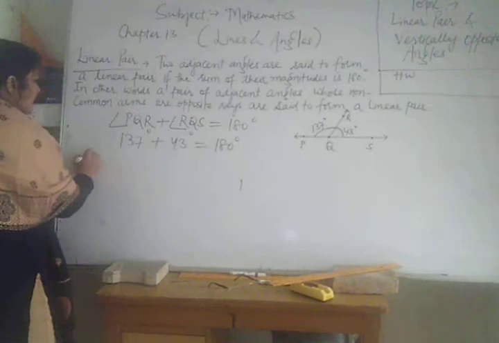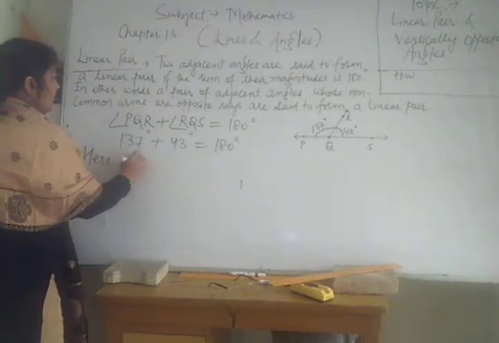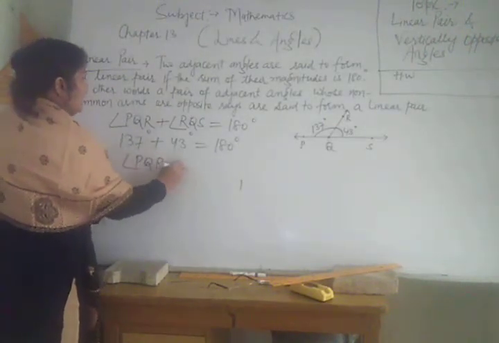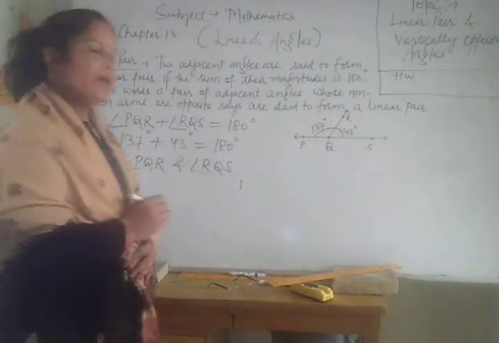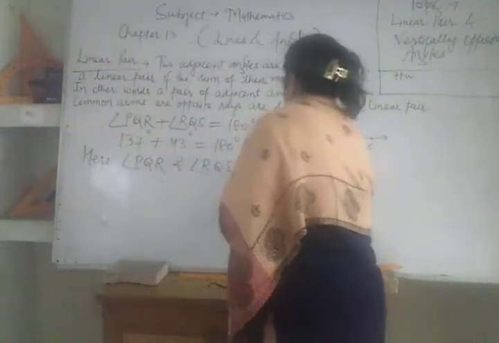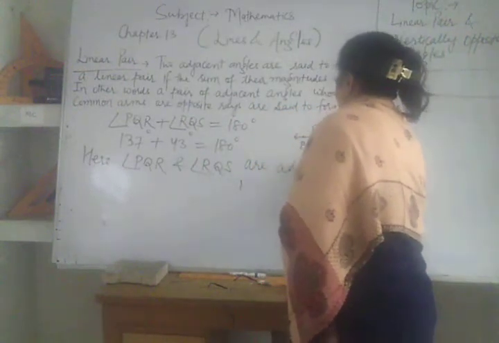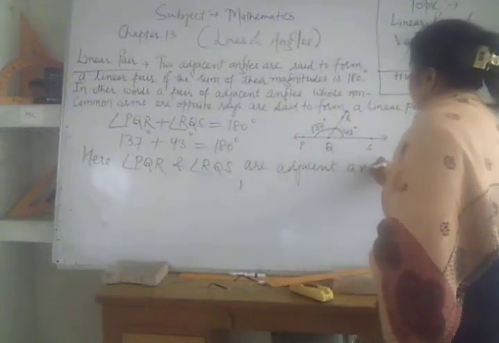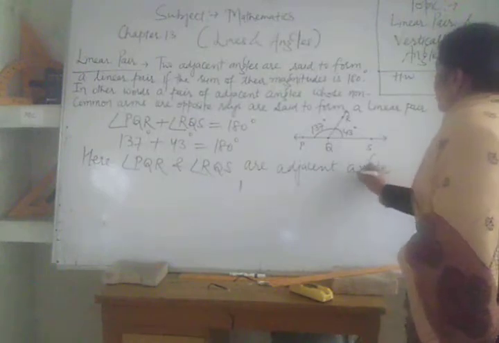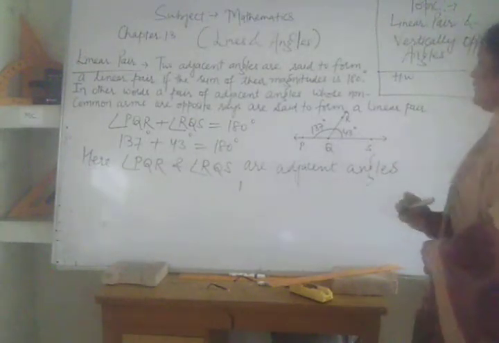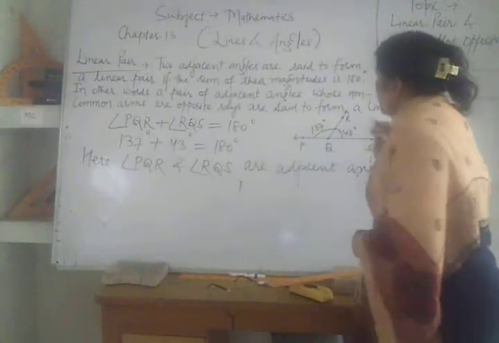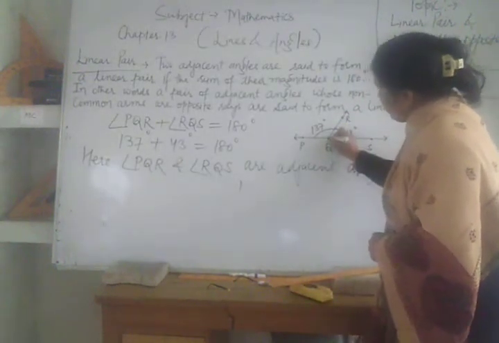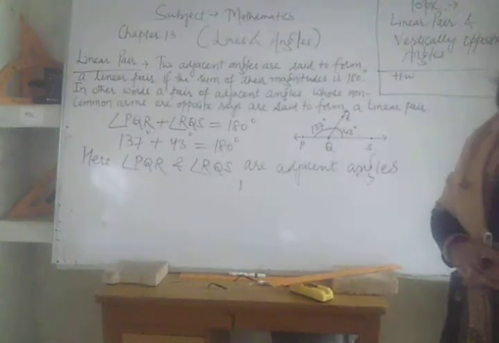So we can say here angle PQR and angle RQS are adjacent angles, which have a common vertex Q.